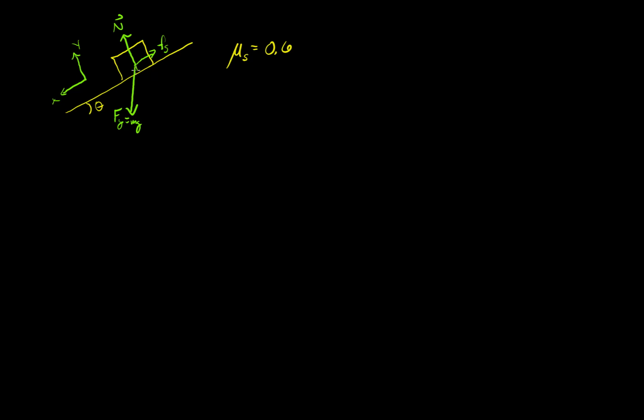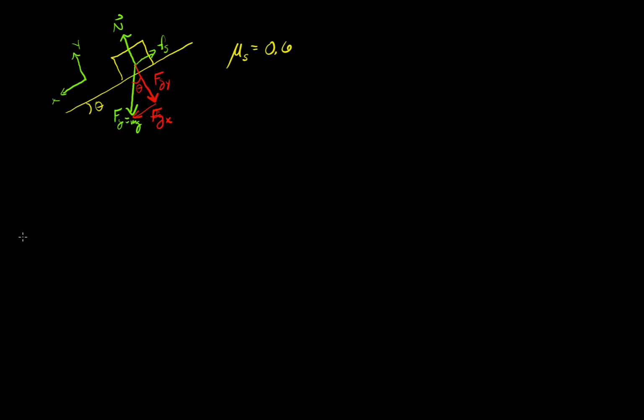And now I'm going to go ahead and just add in my components right now. So this is fg in the x direction and fg in the y direction. And theta goes up here.